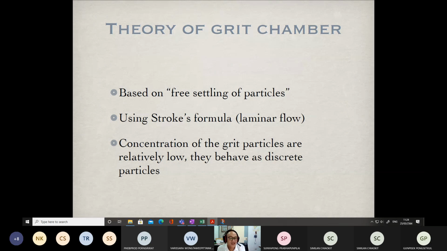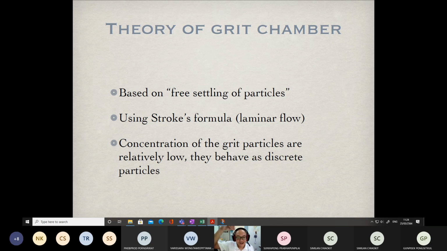Most people who suffer from stroke basically cannot control their movement by themselves, so it's really a problem. So this one should be Stokes formula, S-T-O-K-E-S, not stroke. There is some mistake here, mistyping.